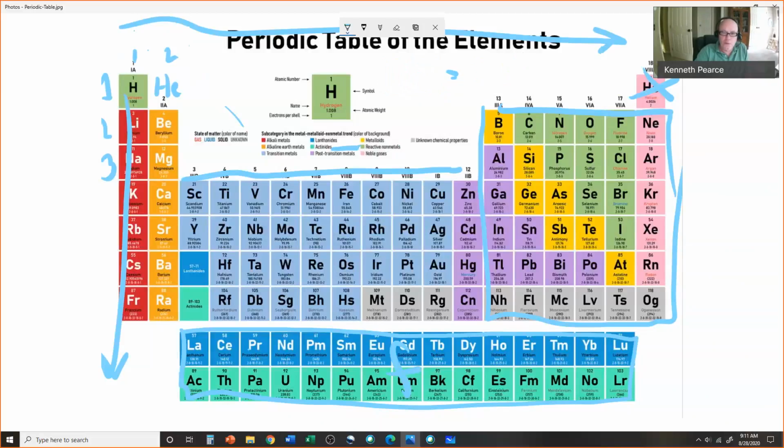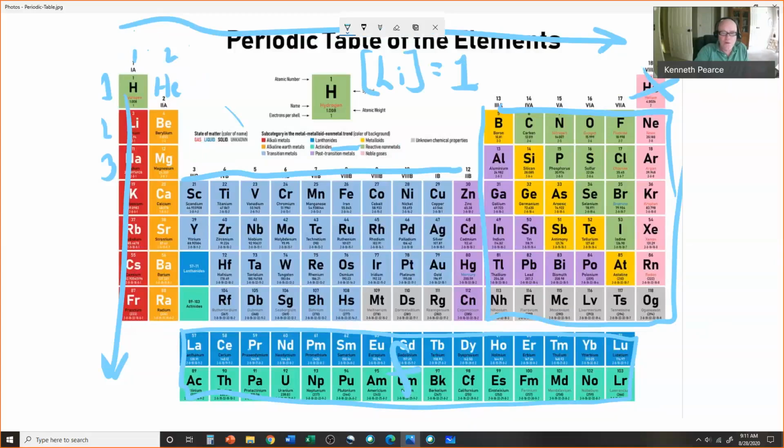Now remember, we're always starting with hydrogen. We work our way from left to right, top to bottom, and we always start with hydrogen. So if we look at lithium, which is on row 2, we still have to start with row 1, and we go 1, that's row 1. It's also the N number, primary quantum number.